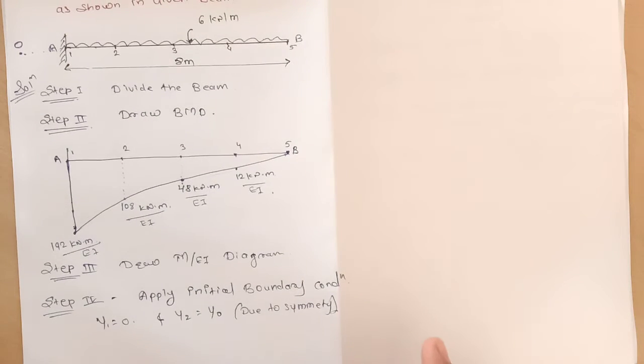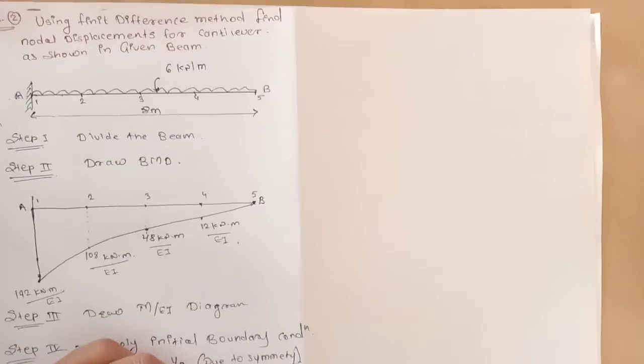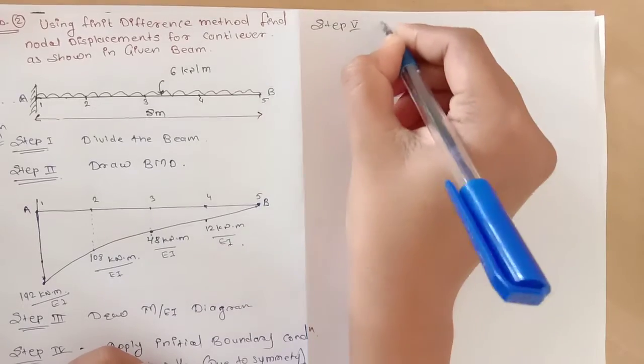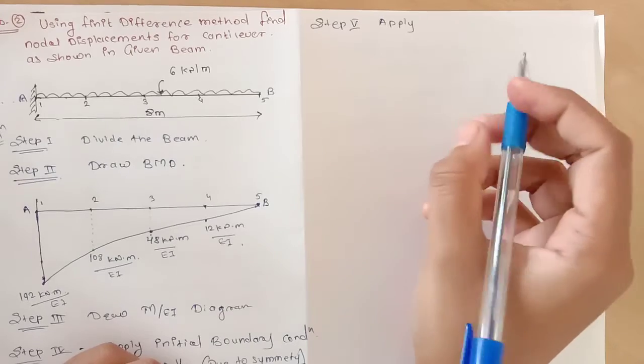Then next, step number 5, apply the central finite difference equation to each node.